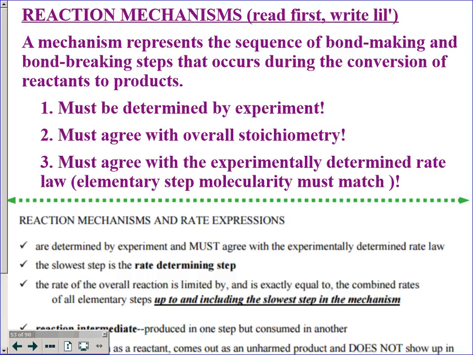There's only one step that really slows down your reaction. Does anyone know the name of that step? Rate determining step, right? The step that determines the rate. So we talked about the slowest person on the IM or the relay team, right? That's the rate determining step, okay?